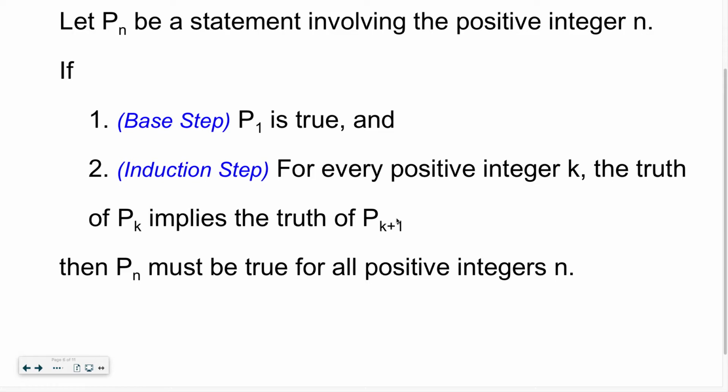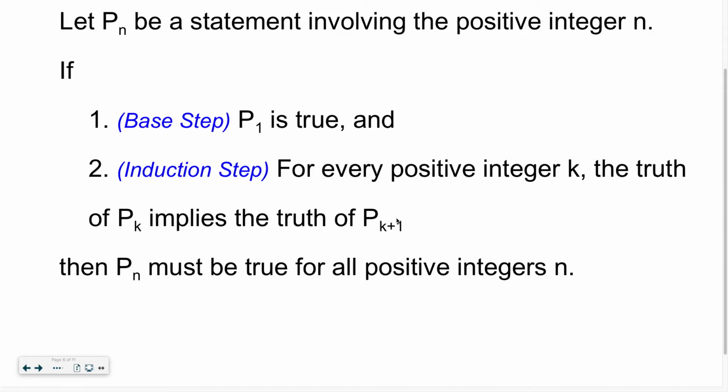And when we do that, P sub k implies that P sub k plus 1 is also true. So that's one domino knocking over the next domino. It doesn't matter which number dominoes they are, they always fall. So if we've knocked over the first, and then we show that successive dominoes knock each other over, then we can make this statement at the end that it's true for all.